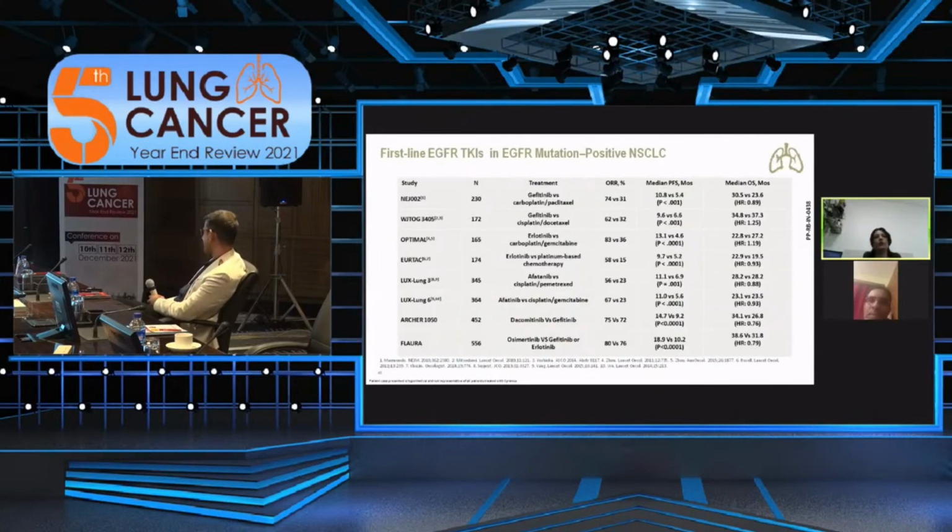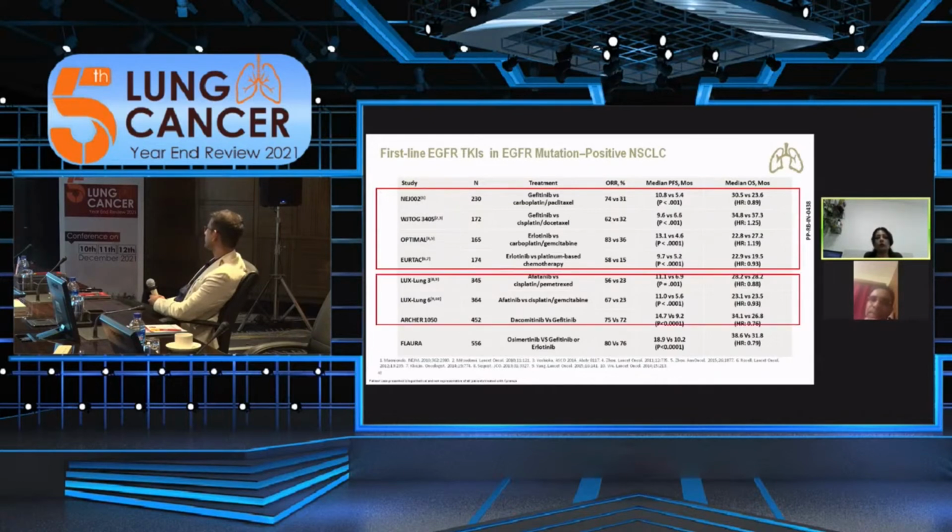We have a lot of data with combination treatment, and this data is looking at single agent TKI versus chemotherapy, and then TKI versus TKI. We all know the FLAURA data. We also know the Tata study where we gave gefitinib plus chemotherapy.